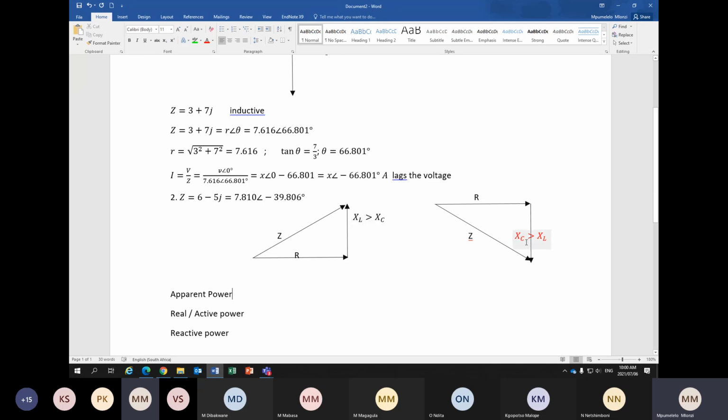And if the reactance of the capacitor is greater than the reactance of the inductor, it will face on the negative side. For this phasor diagram, you have your circuit being capacitive, and on this side you have your circuit being inductive.